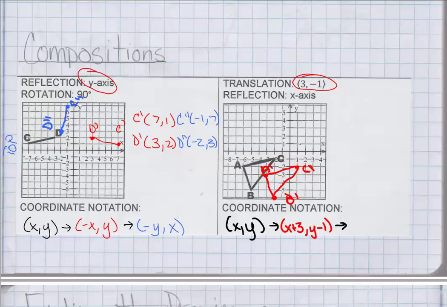Now we're going to take our red one and we're going to reflect it across the x-axis. So C prime is 2 below, so C double prime will be 2 above. A is 1, 2, 3 below, so it'll be 3 above.